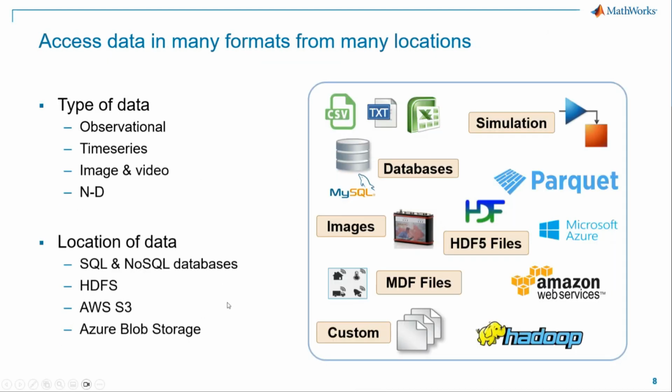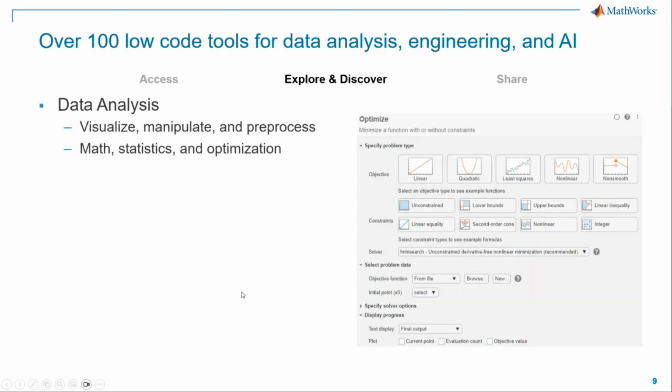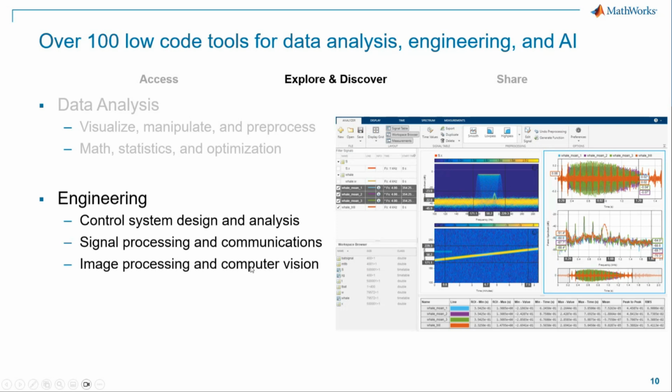So it's not only engineering data, we also support business data, and you can access data basically from anywhere, like cloud services and all those things. And then in data analysis, we saw visualization, we saw those pre-processing apps, and we have very domain-specific ones. Let's say you are working with image processing data, 3D data, 2D data.